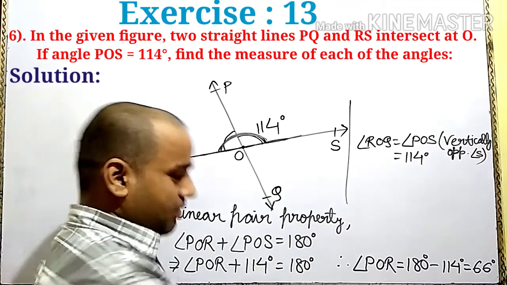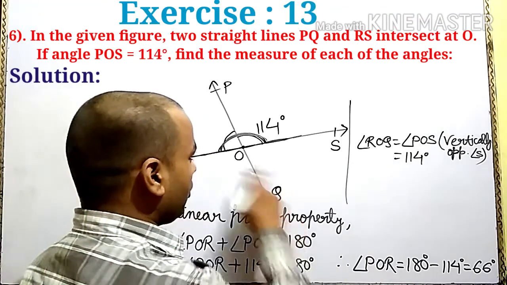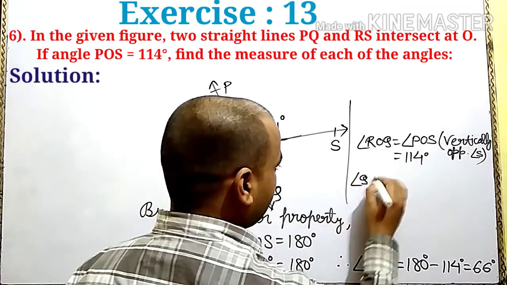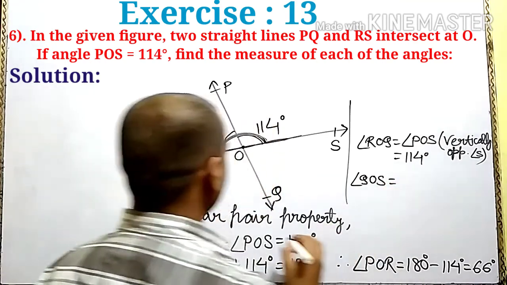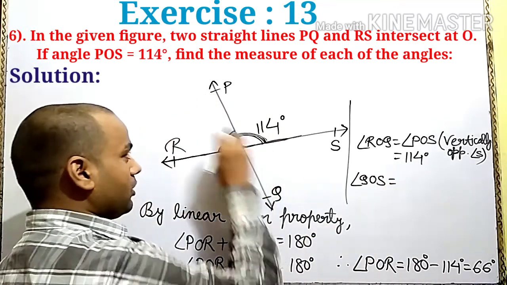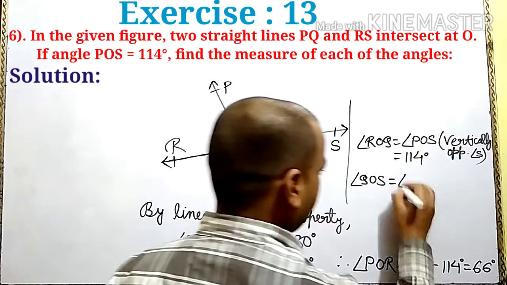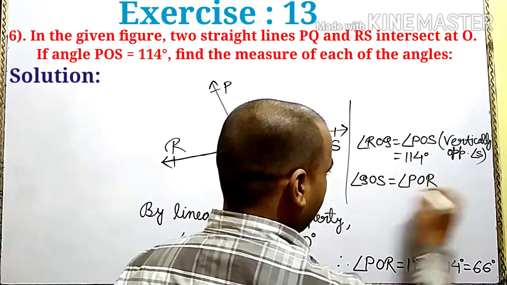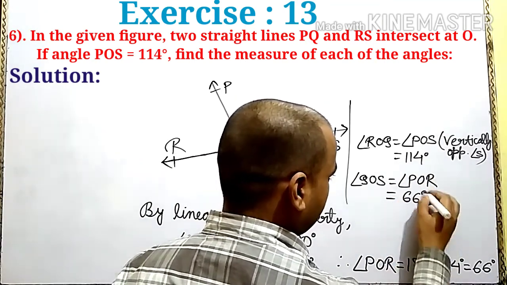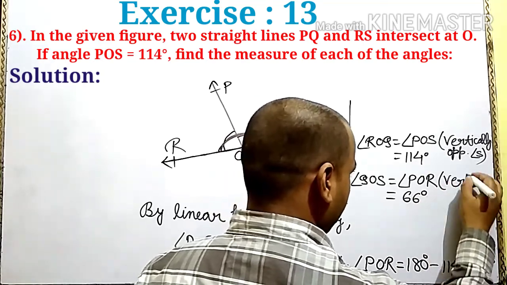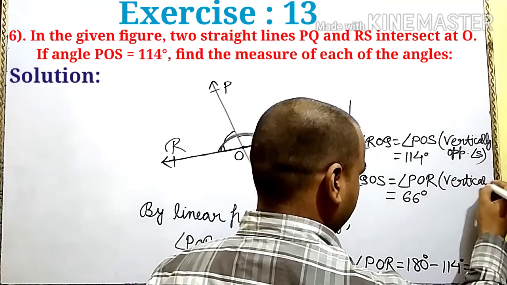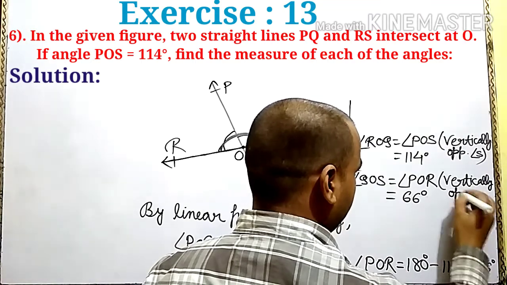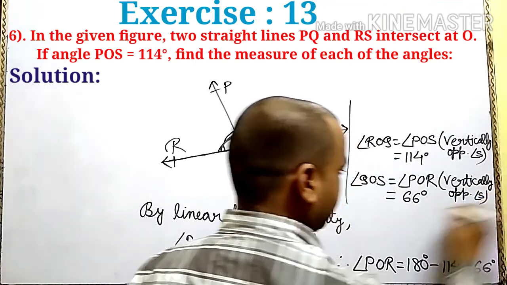Next, lastly we find angle QOS. So we write angle QOS is equal to angle POR. We just found angle POR is equal to 66 degree. Why equal? Vertically opposite angles.